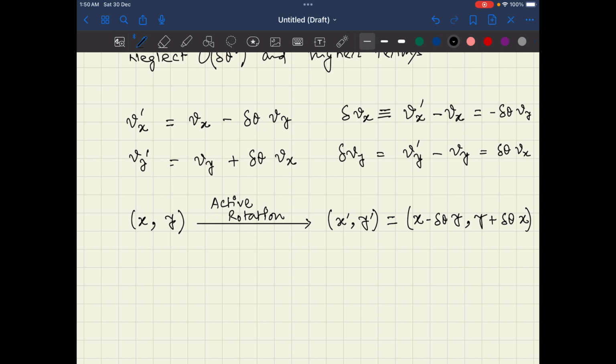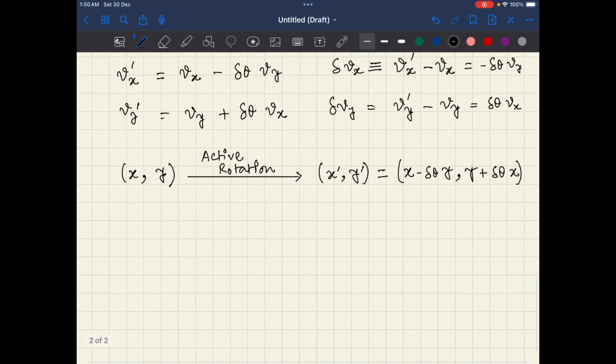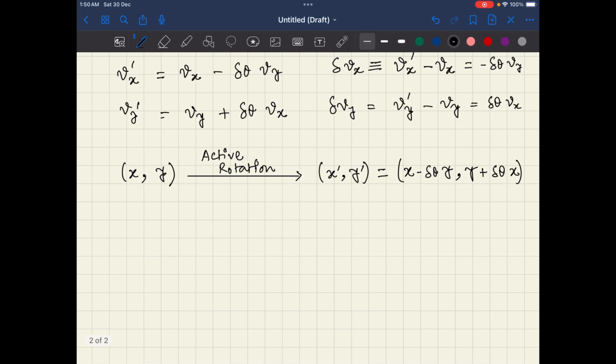So now we are interested in how this active rotation acts on a quantum state ket. Before proceeding, let us call this rotation a matrix Rz of delta theta.